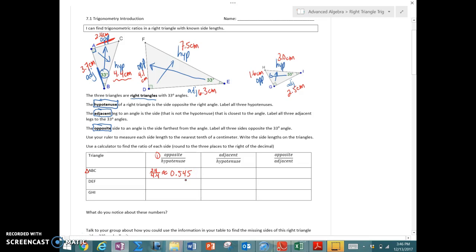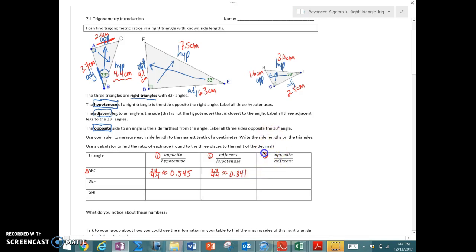So the ratio of the opposite to hypotenuse in triangle ABC is 0.545. I'm going to continue on with that triangle, find the adjacent over hypotenuse. So the adjacent length was 3.7 over the hypotenuse length, which is 4.4. And when I calculated those, I got 0.841.